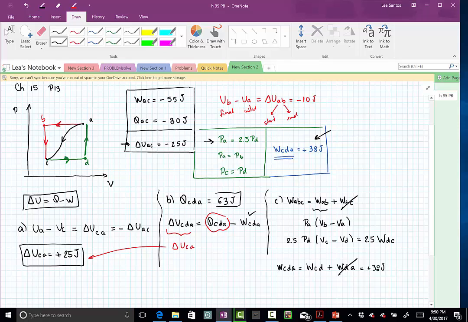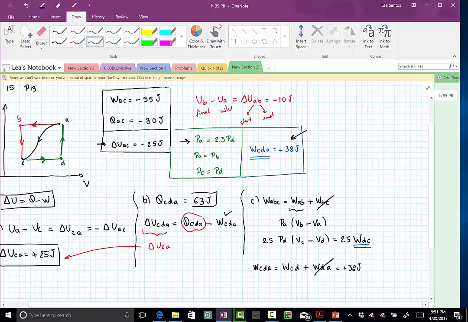The work to go from C to D is expansion, that's why it's positive. But what I need now is this work here to go from D to C. Just the opposite, which is compression. So the work to go from D to C is minus 38. So what I have here is 2.5 times minus 38 joules.